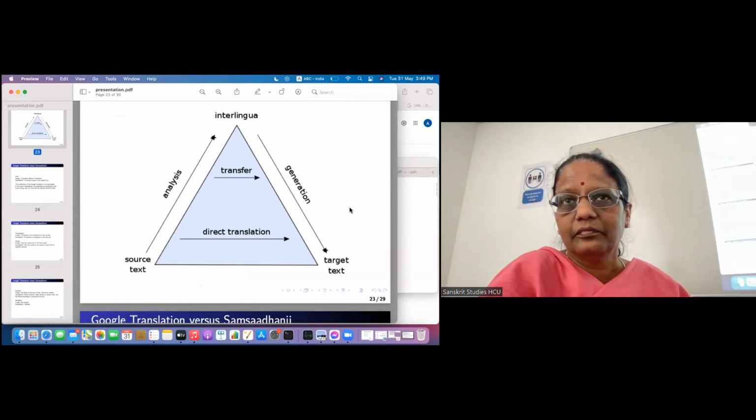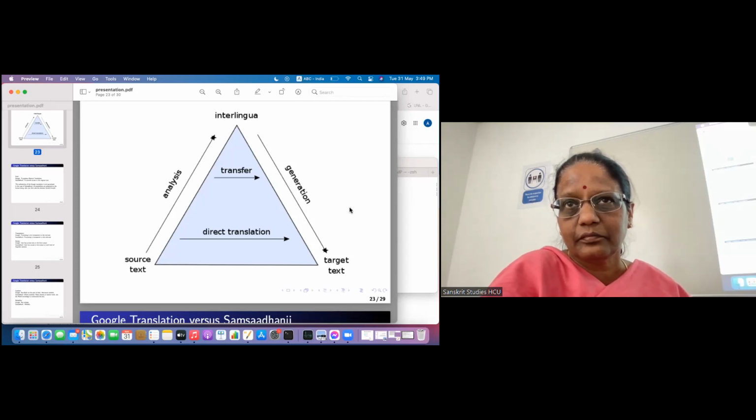But this triangle is kept as an important concept, with the interlingua on the top. This is not a natural language. It is a kind of aiming at a universal space of notions. So it has to axiomatize all of common knowledge about human behavior, and so on.